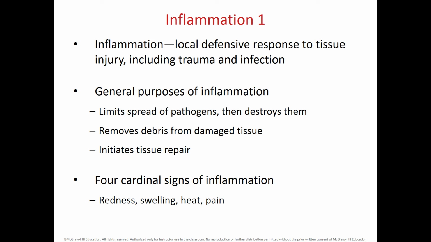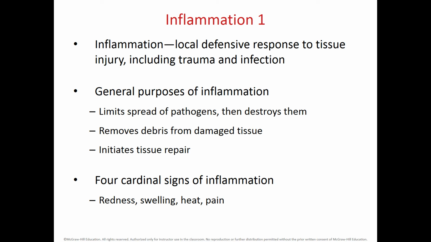When we have inflammation, we are trying to prevent the spreading of microorganisms, of anything that can further damage our body. Inflammation also helps to remove debris from the damaged tissue and to start repairing it.